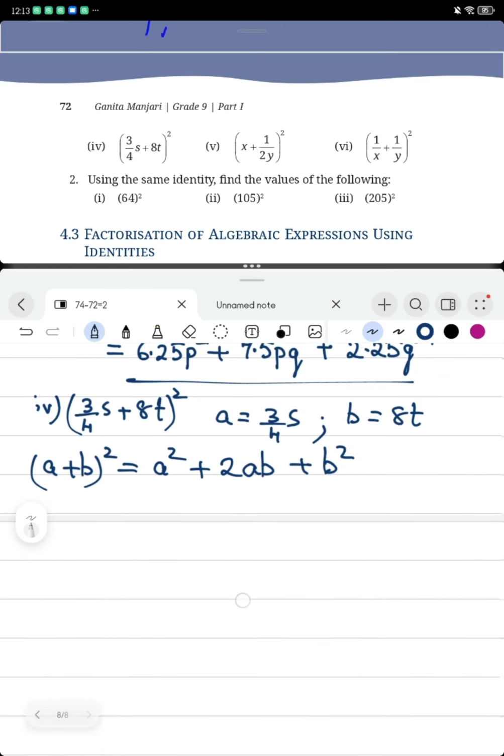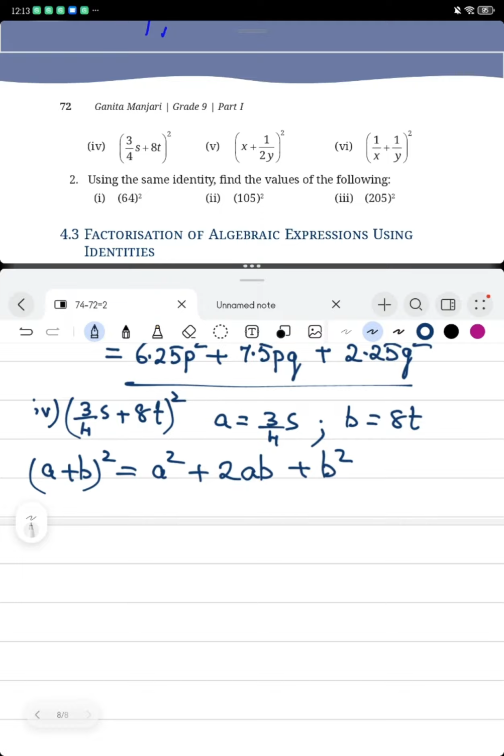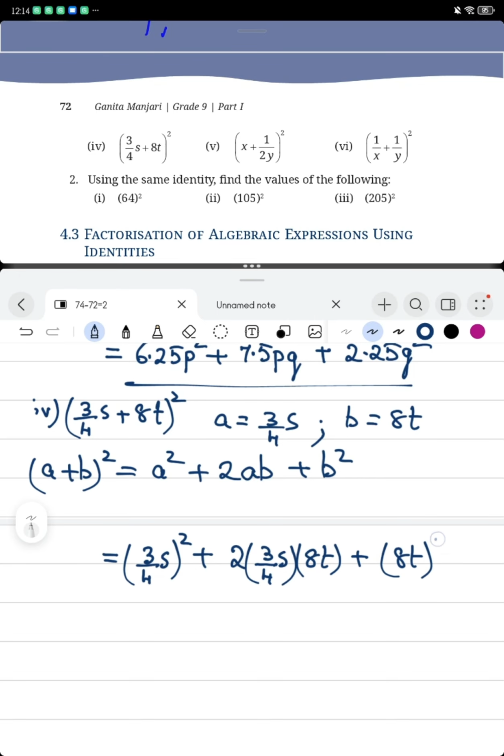All right, now we will put in this place a square, so 3 by 4 s whole square plus 2 into a is 3 by 4 s, and then b is 8t, and then b square is 8t whole square.